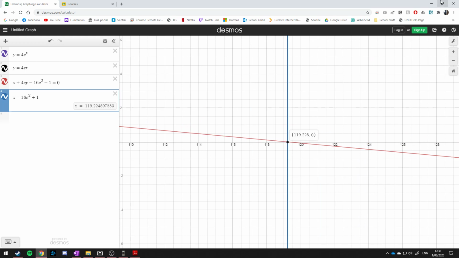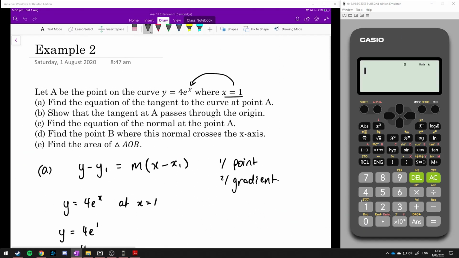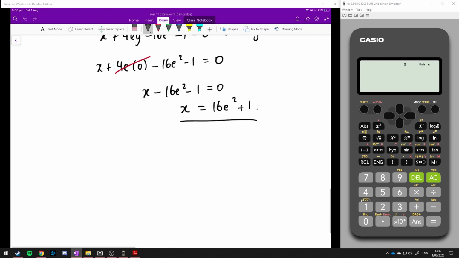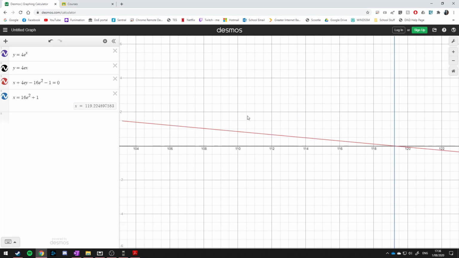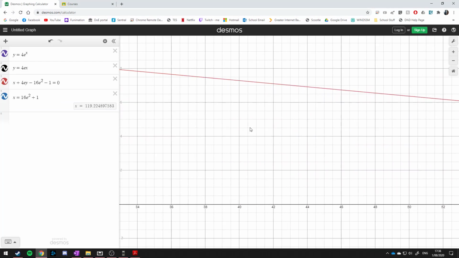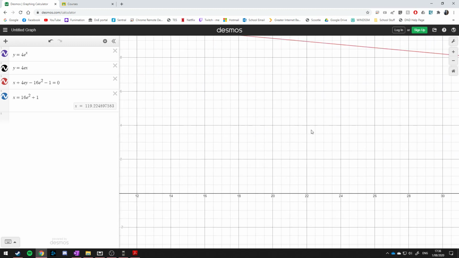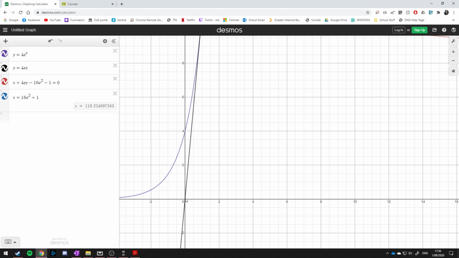Now our last question, we'll quickly duck back over to here, is to find the area of our triangle AOB. So the triangle is the origin, this point here, and the point the tangent makes. It's all this area underneath the normal and above the x-axis, up to this point and then back down to this point here.